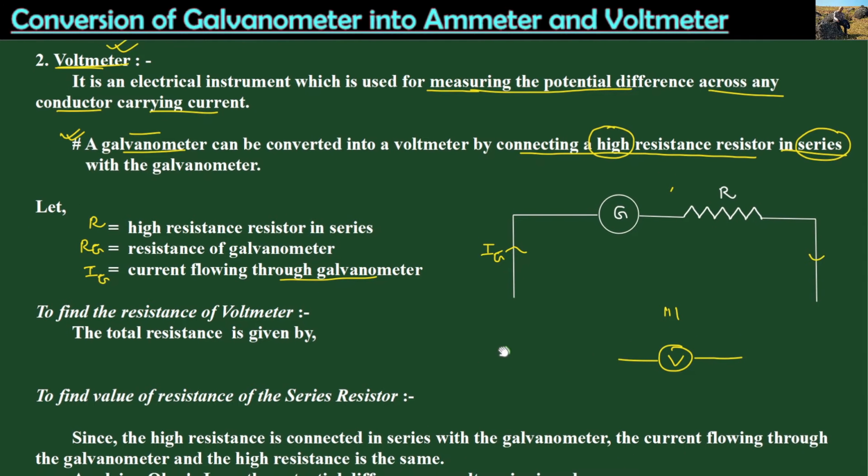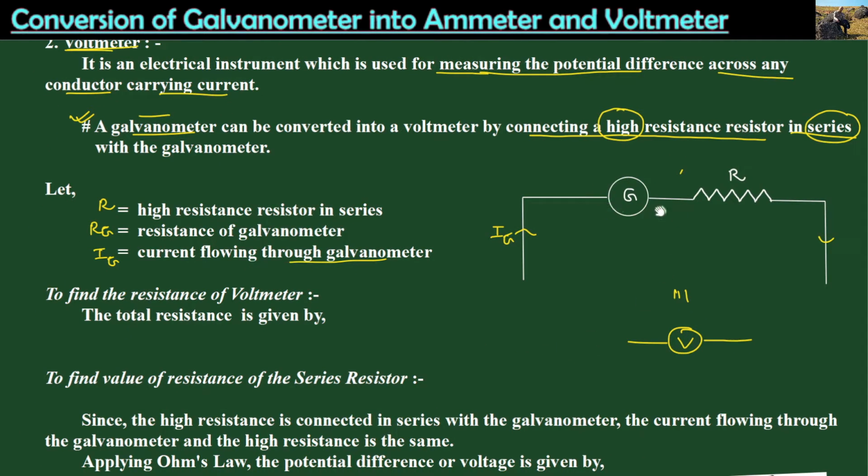If things are connected in series, the galvanometer also will have resistance, and this high resistor also will have resistance. Then what will be the value? In order to find the resistance of a voltmeter, we put an assumption that let Rv be the resistance of the voltmeter. Since they are connected in series, Rv will be the series combination of these resistors.